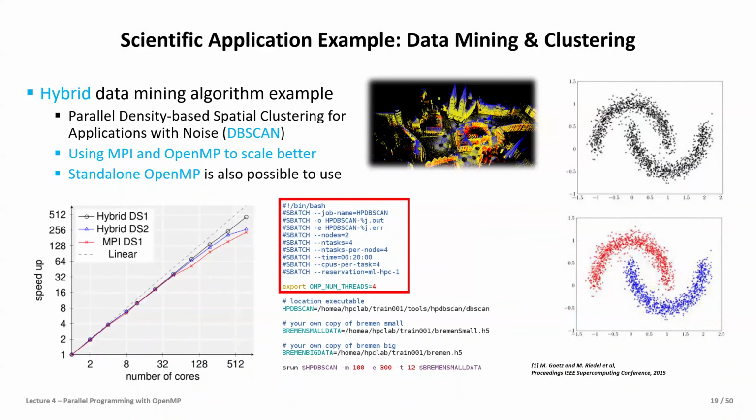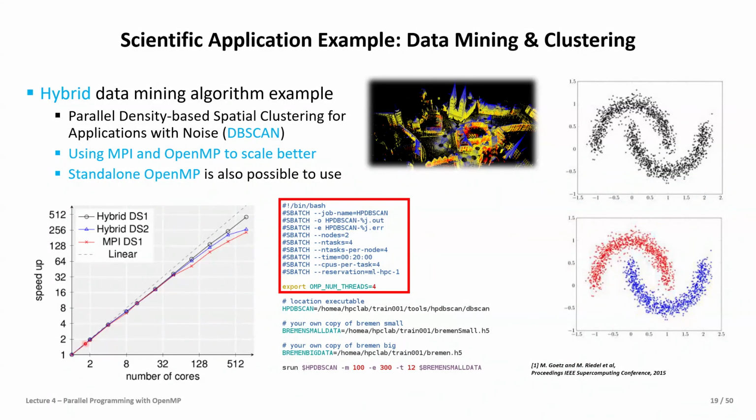And one example I want to show you is out of our own research. I already gave you this example as the MPI example, because it's also an MPI code, right? And you have here this DBSCAN algorithm. We call this HPDBSCAN because it's for high performance computing, implemented by Markus Götz, one of my PhD students in the past who finished his PhD already.